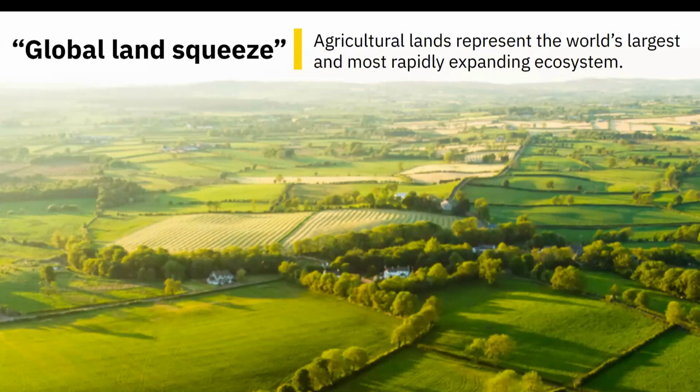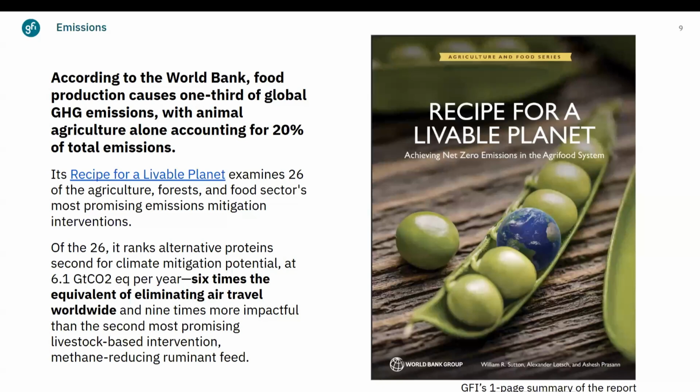Most of the world's land can't be used for agriculture, and of what is used for agriculture, most is used for either grazing animals or growing crops to feed animals. Very little is direct human consumption. So according to the World Food Bank, production causes one third of global greenhouse gas emissions. And that's quite a lot, right?